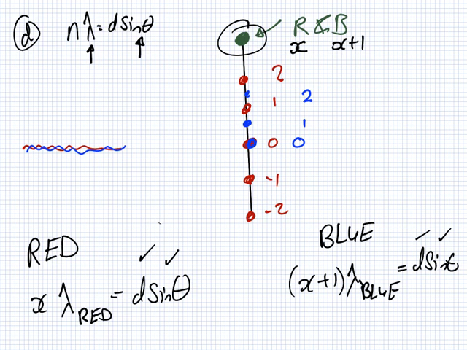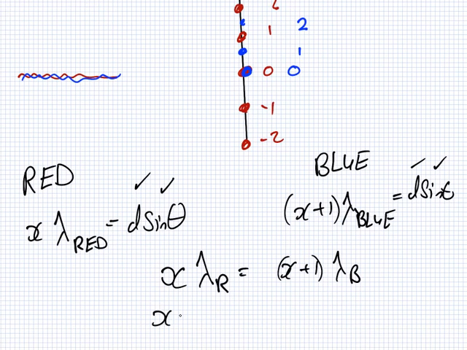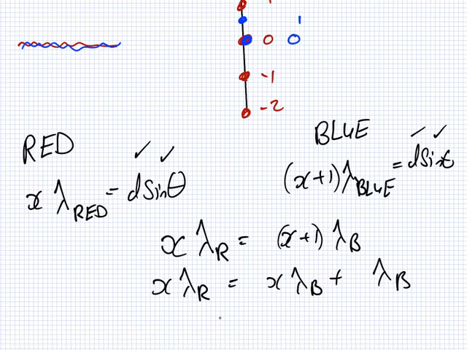It's the same diffraction grating. So in fact, you end up with this nice result: x lambda red equals x plus 1 lambda blue. And so the x is solvable. You get x lambda red equals x lambda blue plus lambda blue. So x will equal lambda blue over lambda red minus lambda blue.